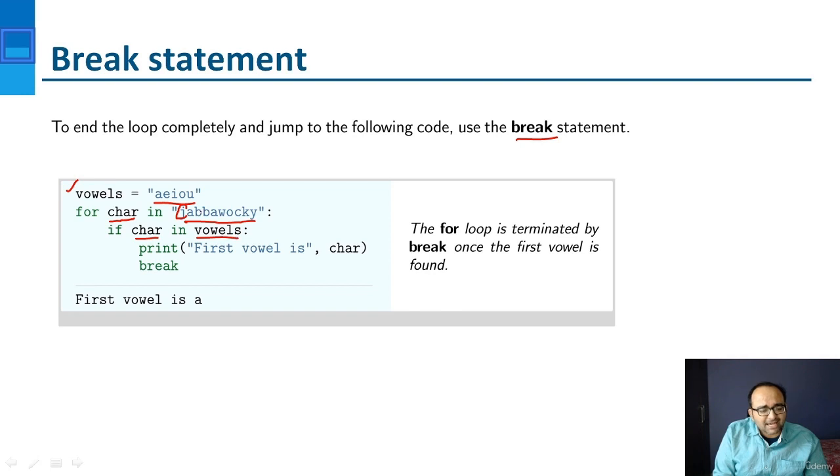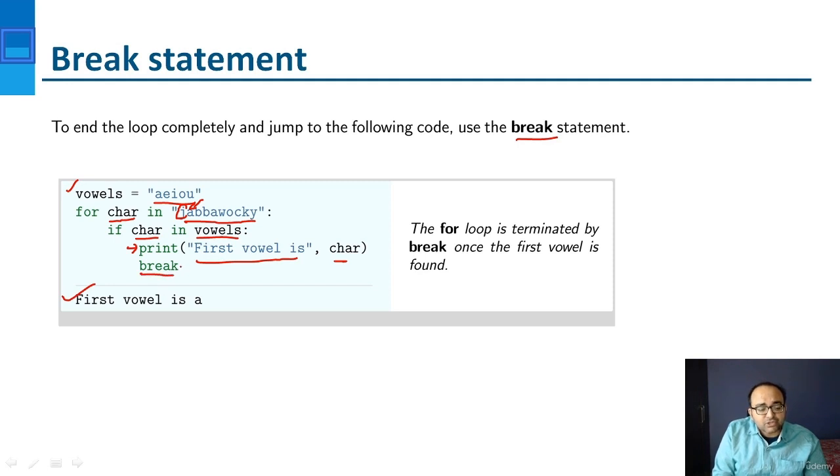If each character is in vowels, it is going to print first vowel is char. You can see J is not a vowel, but A is a vowel. So this condition will be true for A. A in vowels, immediately it will display first vowel is A, and then the break statement.